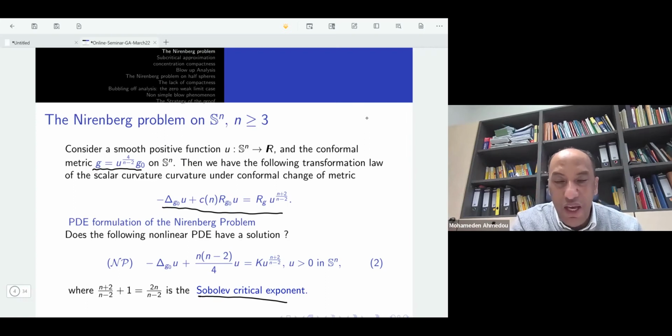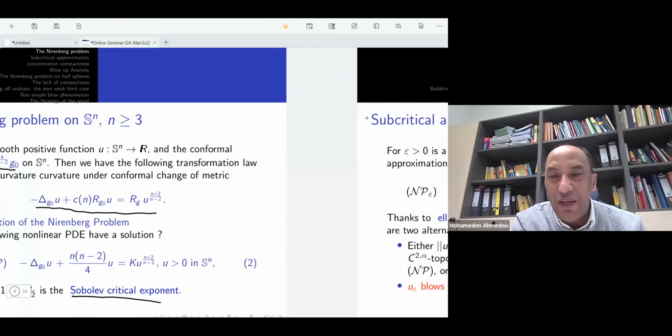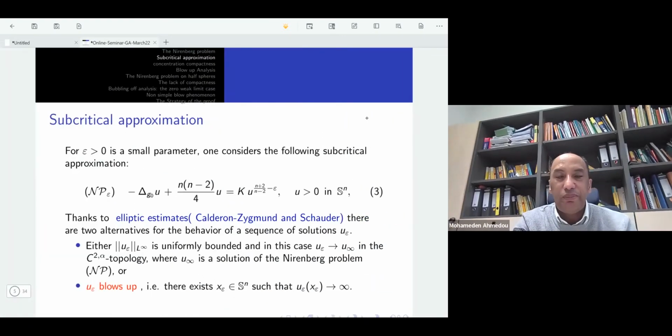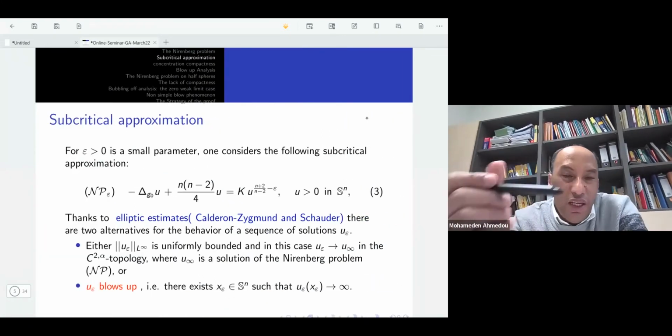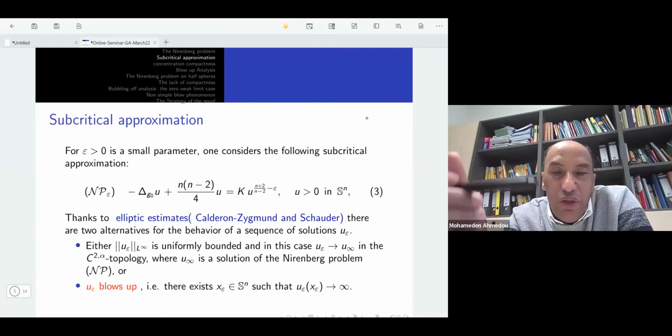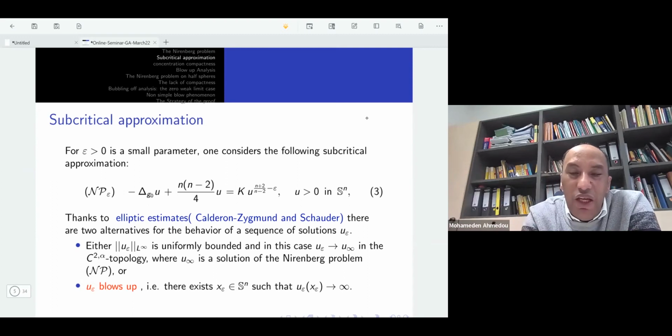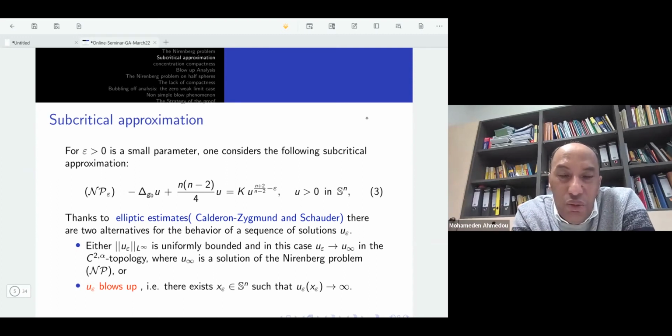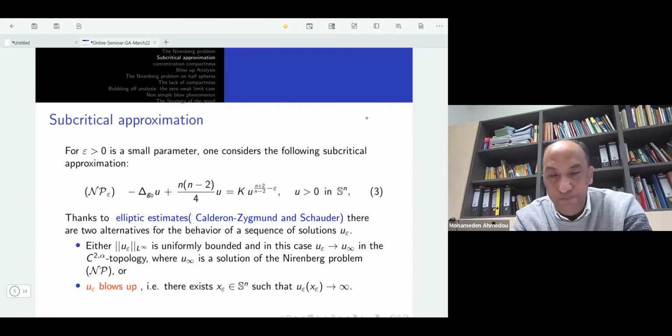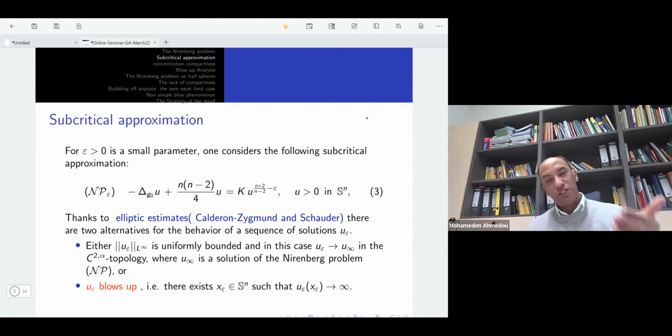One way to overcome this difficulty is to start first with a subcritical approximation. You take epsilon, a small parameter, and you consider the following subcritical approximation, namely minus Laplace of u plus n times n minus 2 divided by 4 times u equal to k times u to the power of n plus 2 divided by n minus 2 minus epsilon.